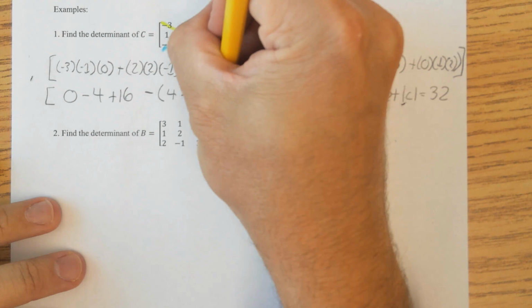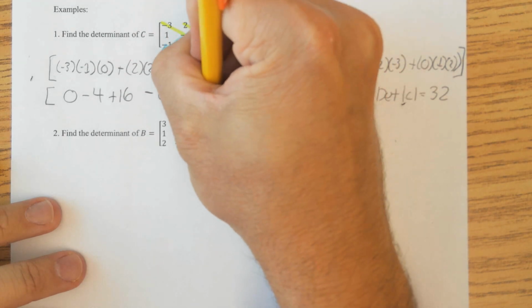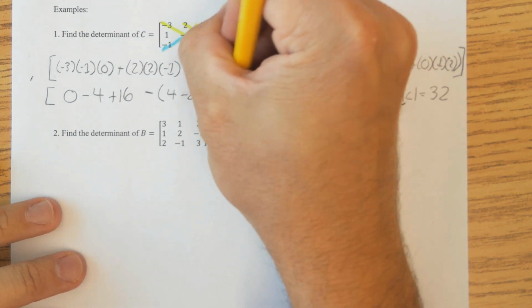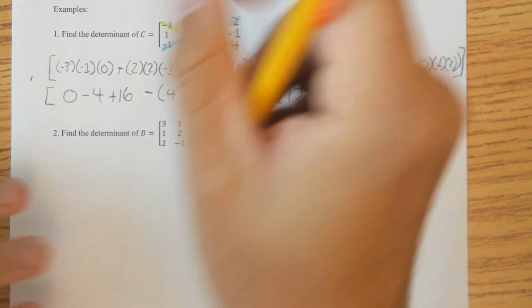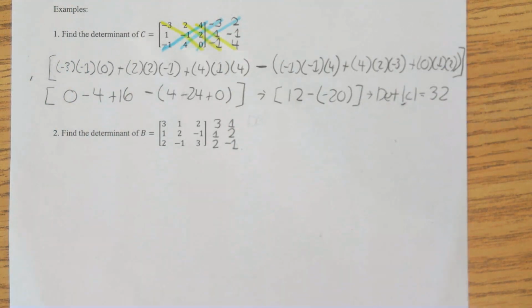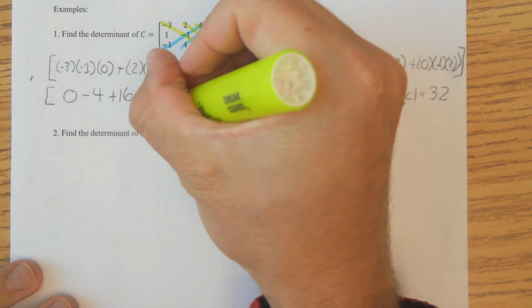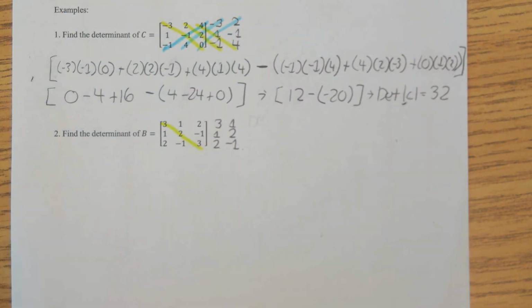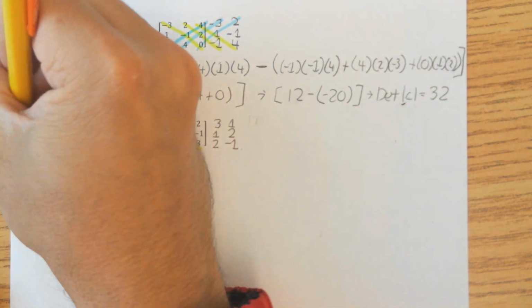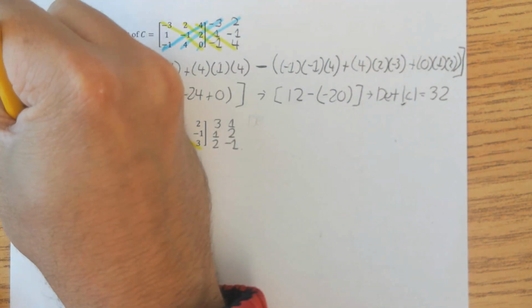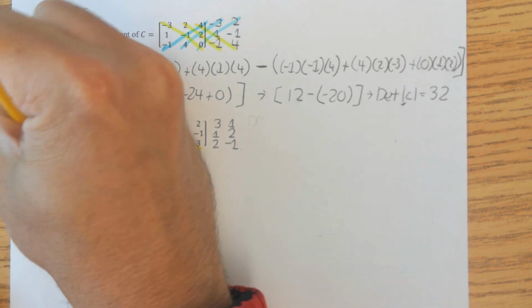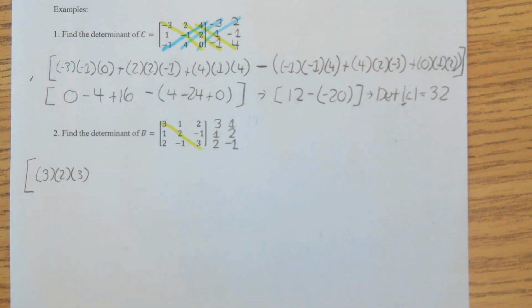All right, so let's look at B here. We're going to go 3, 1, 2, 1, 2, negative 1. And we're always writing the first two columns over again. And we're going to start at the top left here. So 3, 2, 3. So again, I'm going to bracket 3, 2, 3.